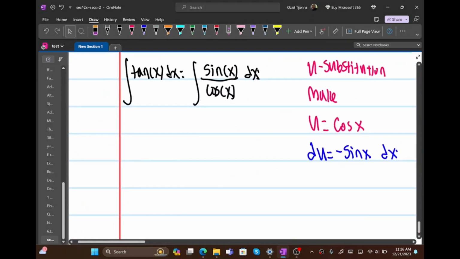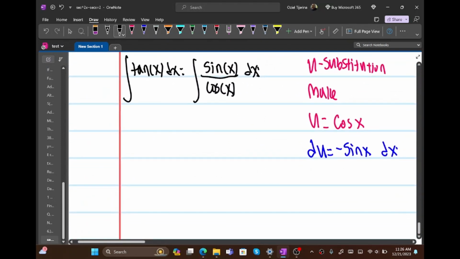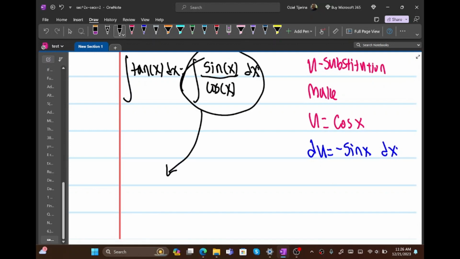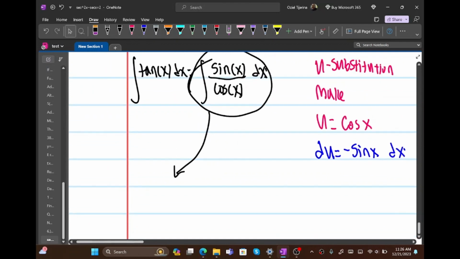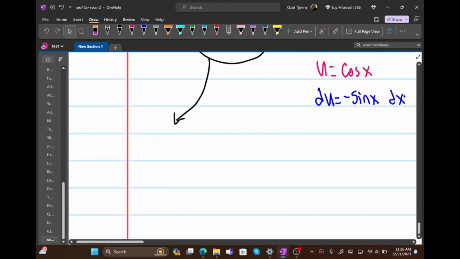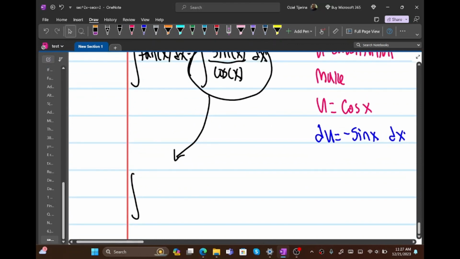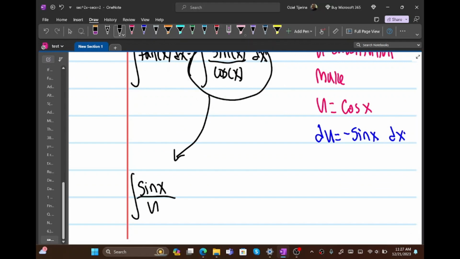Here, we're going to try to get dx on its own. For this part here, I'm going to rewrite it given what I put in for u. Since I made u equal to cosine, this is equal to the integral of sine of x over u, and I'll put dx on its own like that.